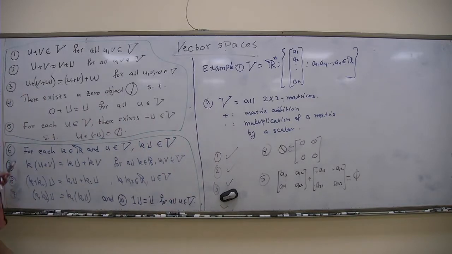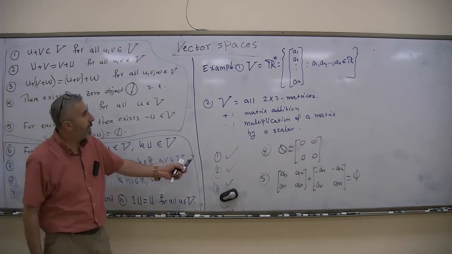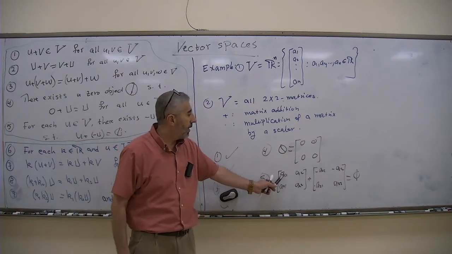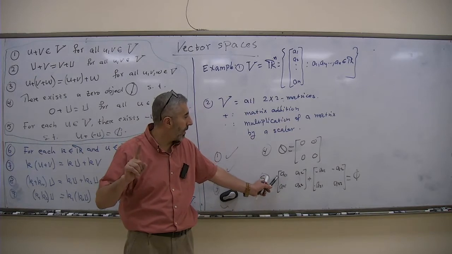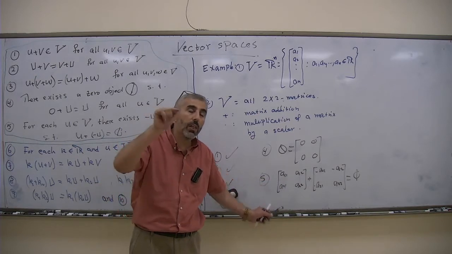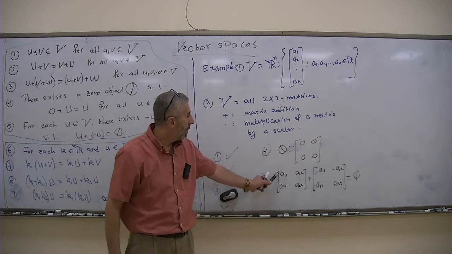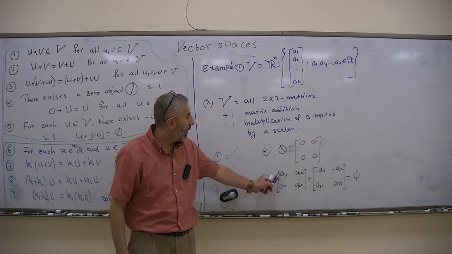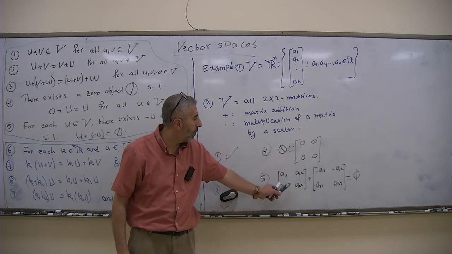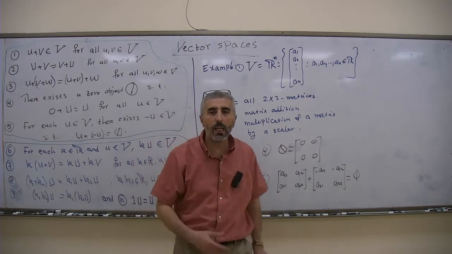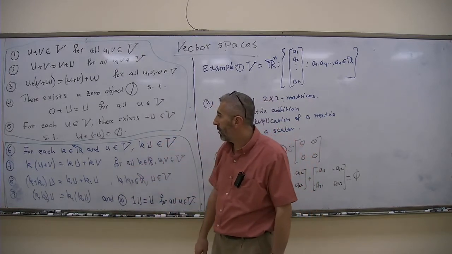What about the next 5 conditions? If you take a 2 by 2 matrix and multiply it by a scalar, remember that means you multiply each entry in that matrix by the scalar, correct? So you get K A11, K A12, K A21, K A22. That is still a 2 by 2 matrix. So number 6 is satisfied.